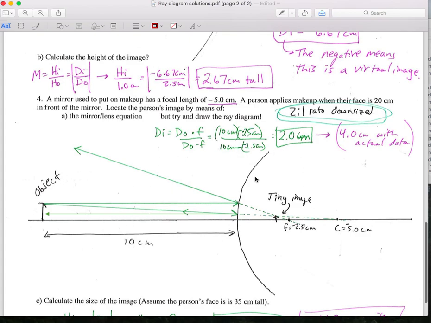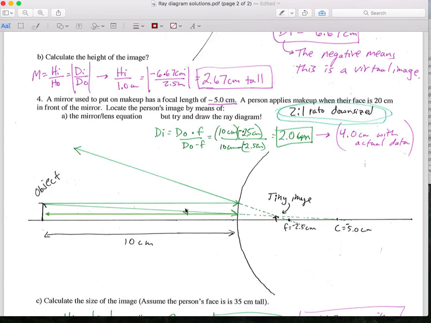But again, if you have a mirror like this, which is a convex mirror, if you have an object here to the left, a ray going in parallel to the optical axis would reflect back, or pardon me, would reflect back as if it came from the focal point. A ray, as if it's going to the focal point, would reflect back straight, like this one here.